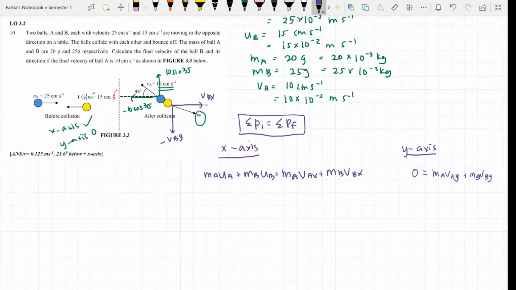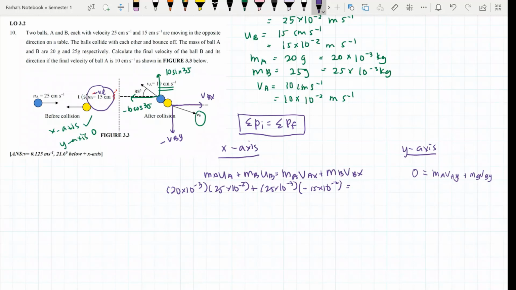Okay, jadi kita substitute all the information given ke dalam persamaan yang kita dah tuliskan tadi. Kita masukkan MA UA, 20 darab 10 kuasa negatif 3, UA 25 power of negative 2. So plus dengan MB 25 power of negative 3, UB. UB ingat direction is to the left, so kita kena letak negative sign, negative 15 darab 10 kuasa negatif 2.